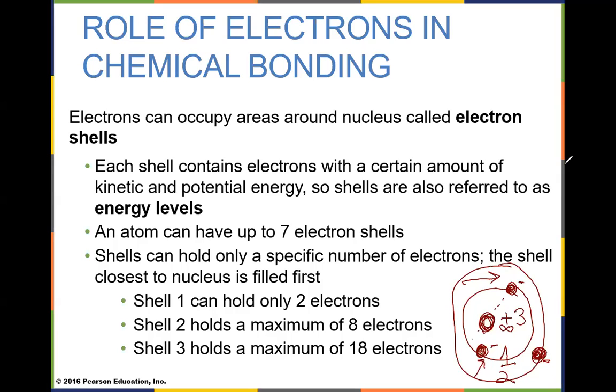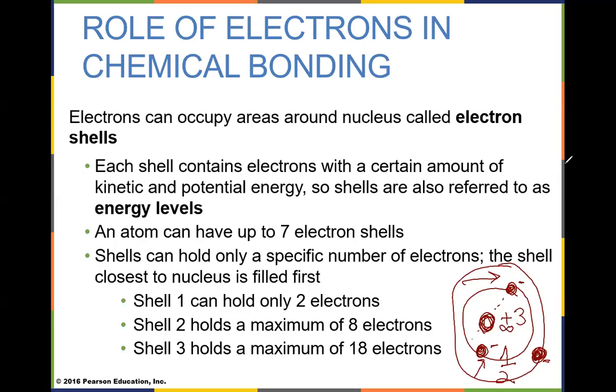Because you've got 3 protons in the nucleus, and each electron's negative charge balances the positive charge of a proton, but there's 3 of them there, and that's a big pull on those electrons. So they spend all their energy staying in orbit. They don't break away, they don't get sucked in, they just stay in that orbit.